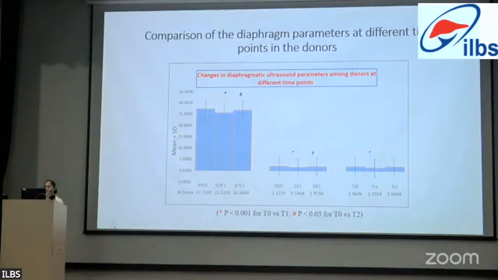In terms of DE, that is diaphragmatic excursion, there was a statistically significant decrease, and at T2 there is a slight increase in diaphragmatic excursion, but it was statistically significant. In terms of the time to peak excursion, there is a decrease, but it has improved to baseline levels.